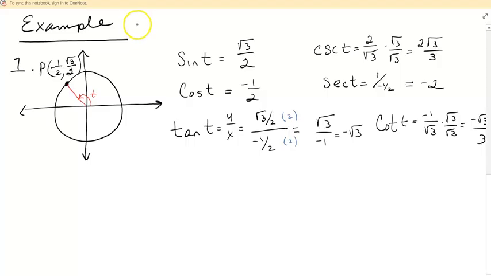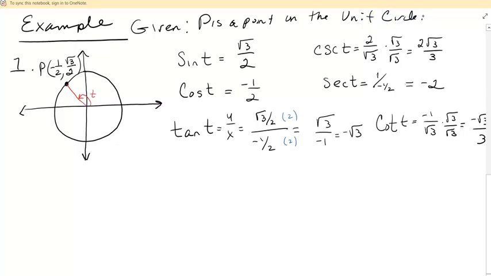So you would have to be given that P is a point on the unit circle. If you are not given a unit circle, then this particular set of definitions does not work, because remember, those definitions only work when you're working in a unit circle. And we'll be going over that in the next section.